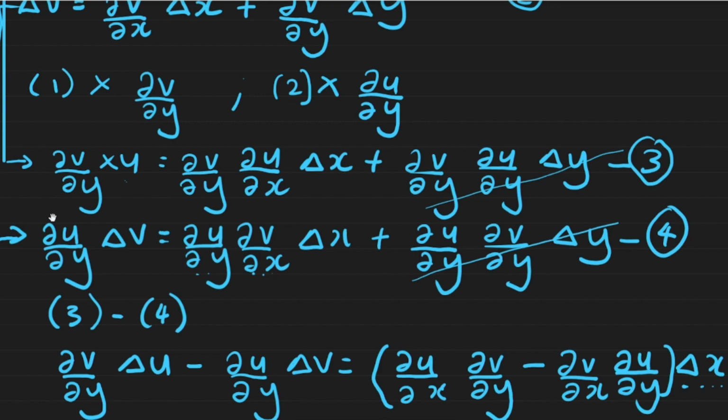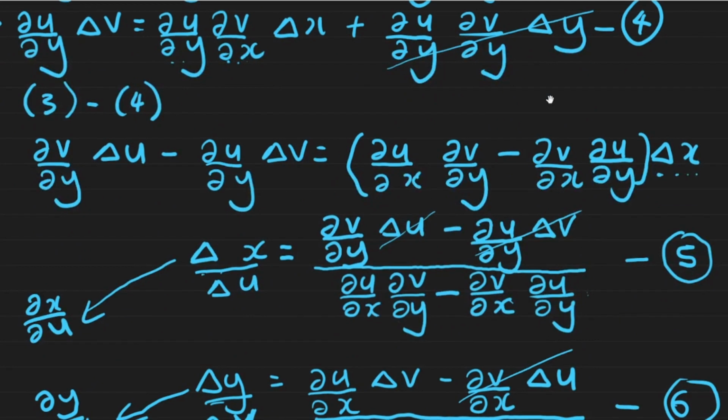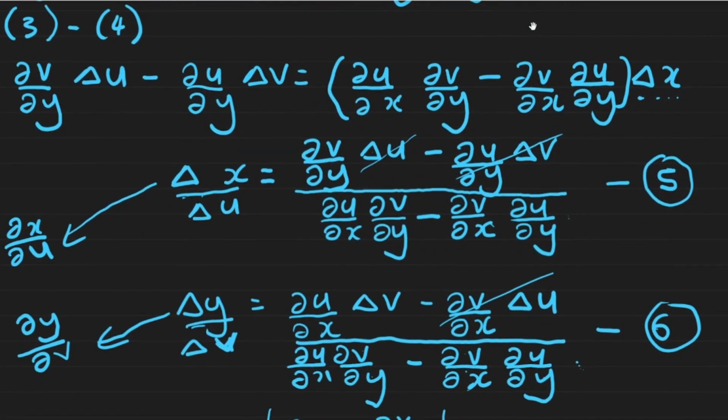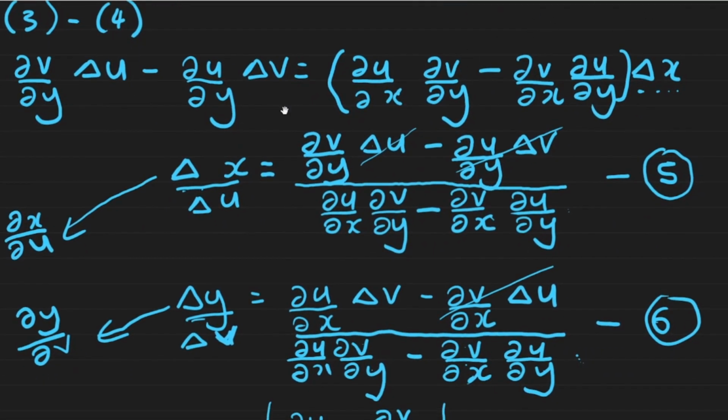Once we do that, we end up with equations 3 and 4. We then subtracted equations 3 and 4, and some of the terms cancelled out, and we were left with dx du equal to dv dy and everything else. And we saw that when we made delta y the subject of the formula, we had a common denominator. That common denominator we called the Jacobian.